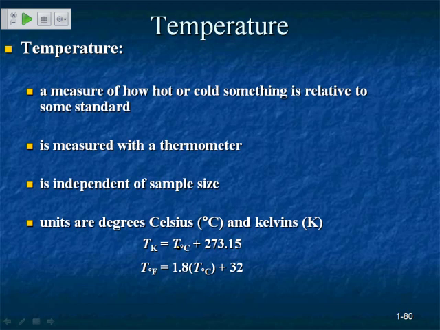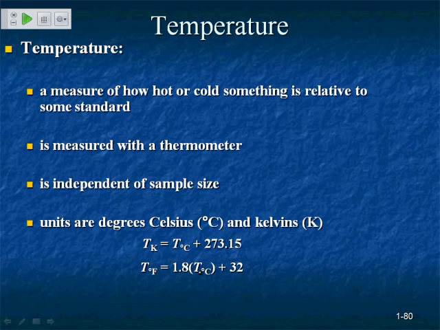Here is the relationship between Kelvin and degrees Celsius. Temperature in Kelvin is the temperature in degrees Celsius plus 273.15. And here is an equation to convert between Fahrenheit and degrees Celsius.